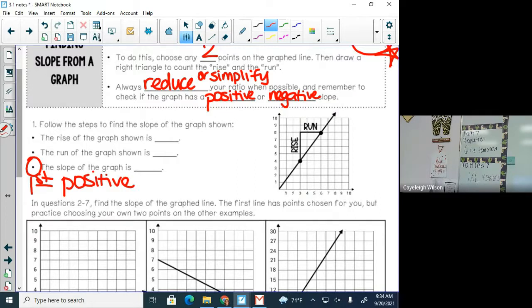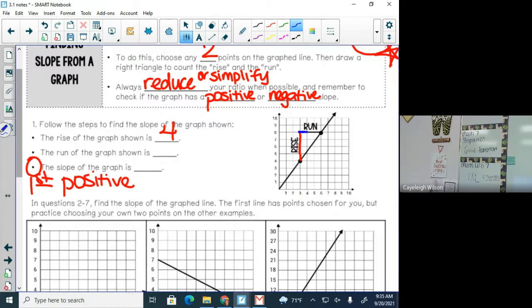So here's how I'm going to count. I'm counting from this left point to this right point. So I'm going to go up 1, 2, 3, 4. So the rise from that point to that point is 4. And then I'm going to count the run. I'm going to start where I left off and count the run.